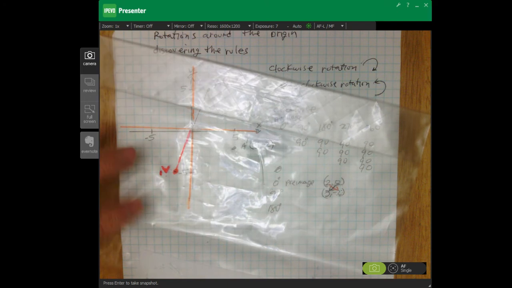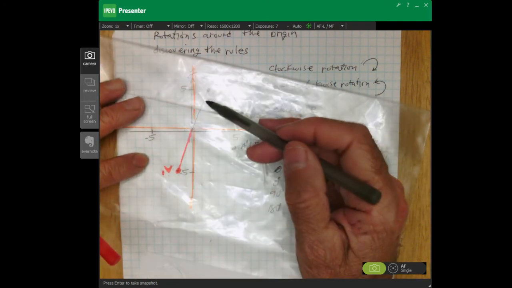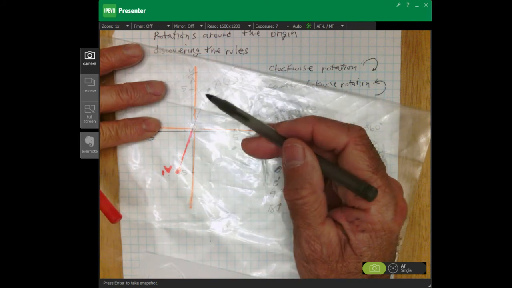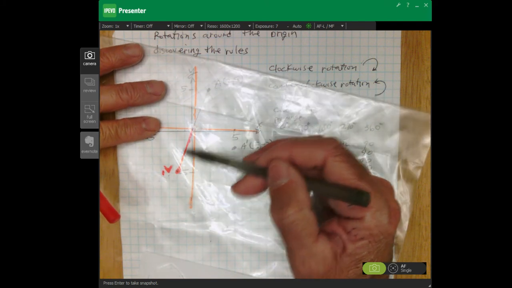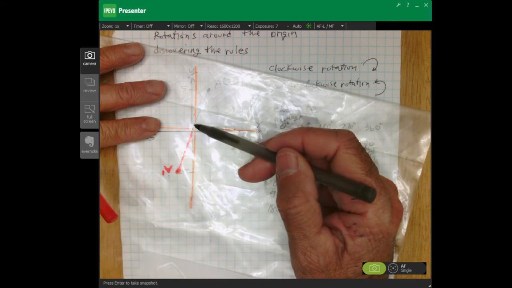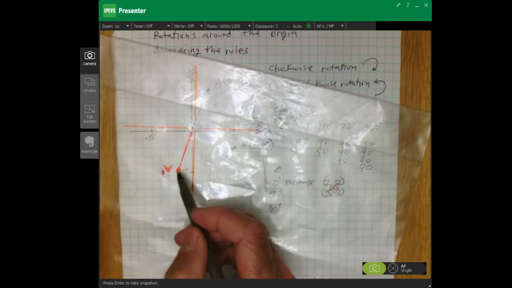So there's 180 right there. Now notice something else. This is a straight line, right? Straight line segment. So that's what's called a straight angle. So this angle it's forming is 180 degrees.